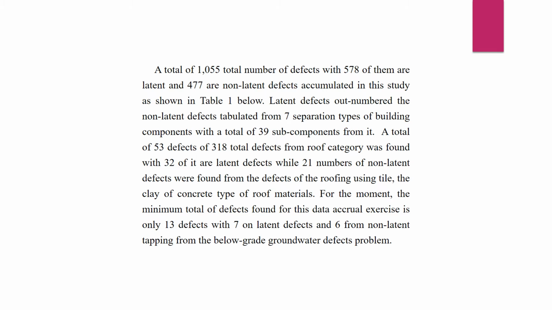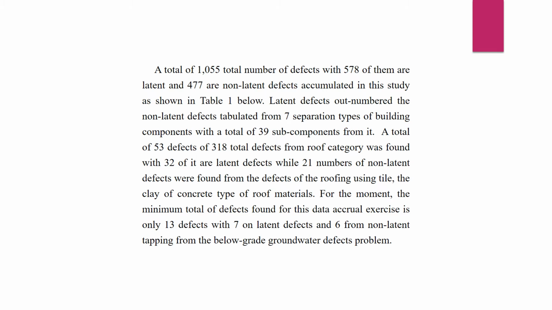Again, as I mentioned, the 7 separate types of building components with 39 subcomponents, and a total of 53 defects, of which 318 defects are from the roof category. We're talking about the roof, which is among the most important components of the building.